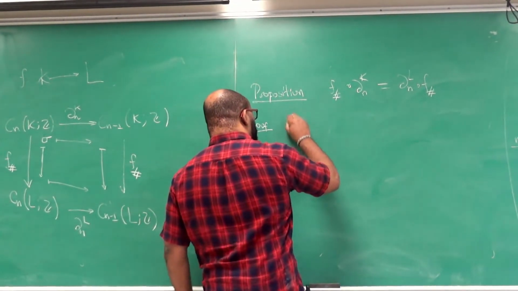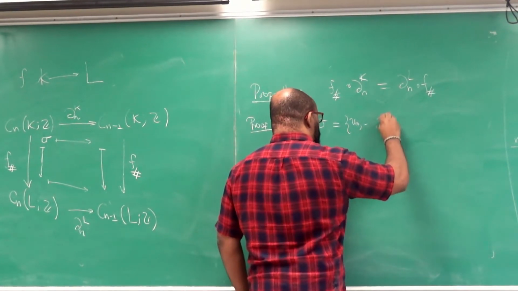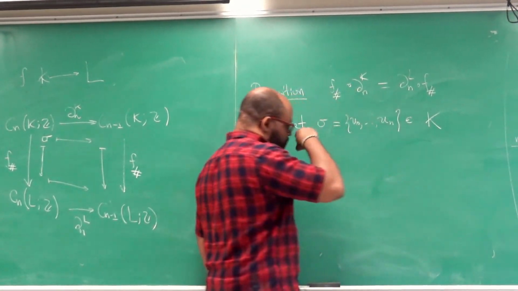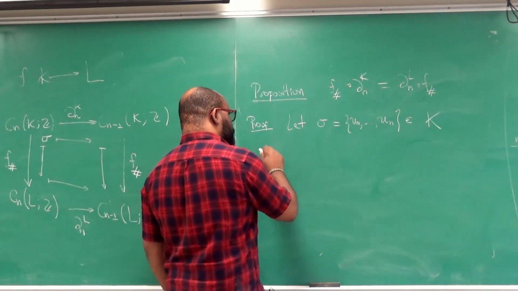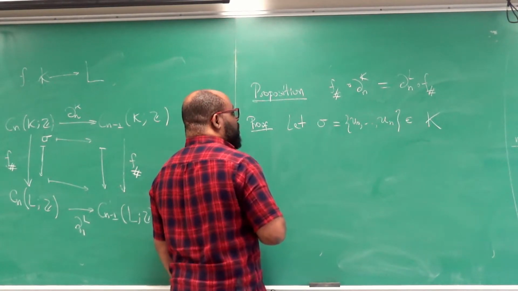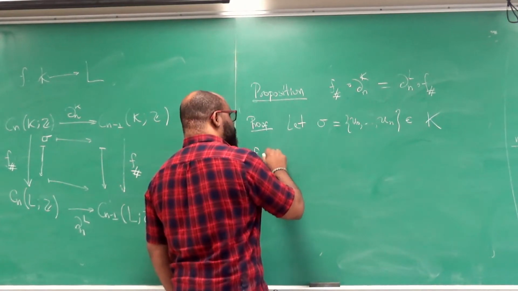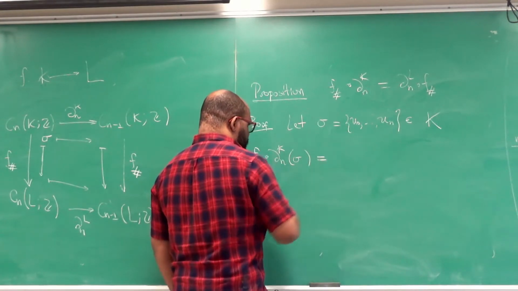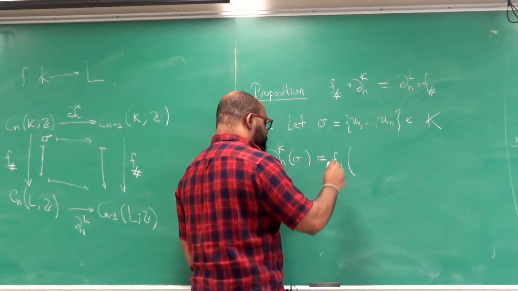So we're going to let sigma be an n simplex in K. And we're just going to compute what we have there. Let's start here on the right-hand side. So if we do F sharp delta n K of sigma, then what is that? This is going to be F sharp of the boundary map on sigma.